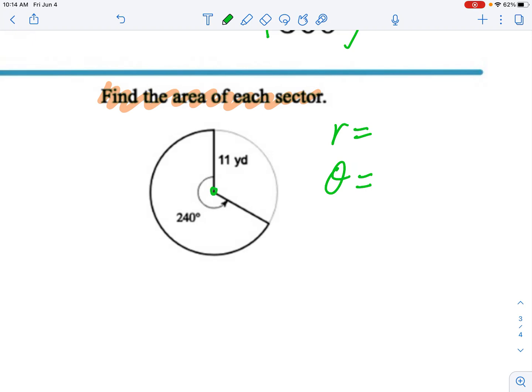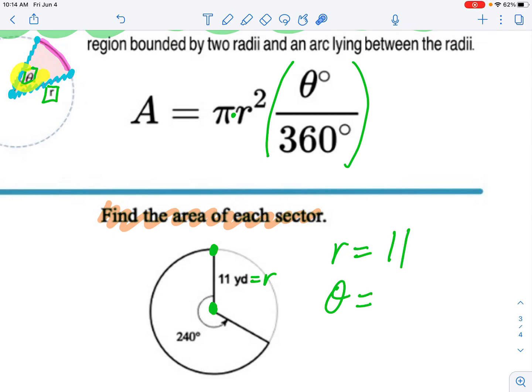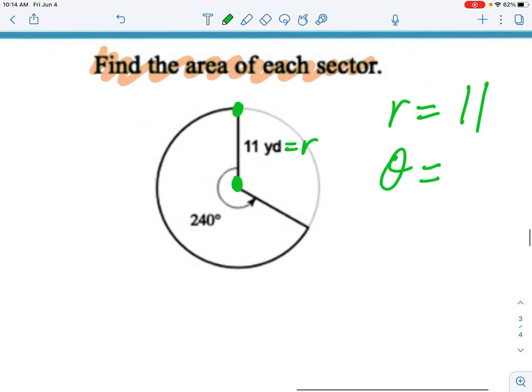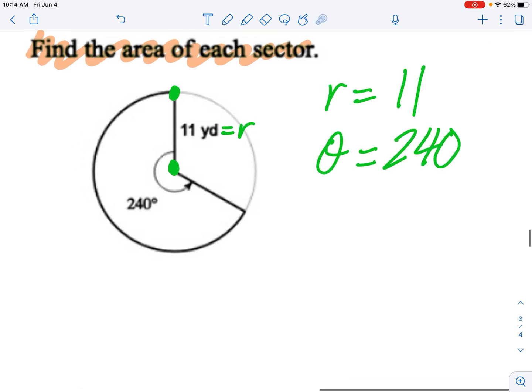Well, r is the distance between the center and the side of this circle, and this is r here. So r is equal to 11. Theta is equal to how many degrees is our sector here, and in this case our sector is all of this, 240. So our theta is 240.